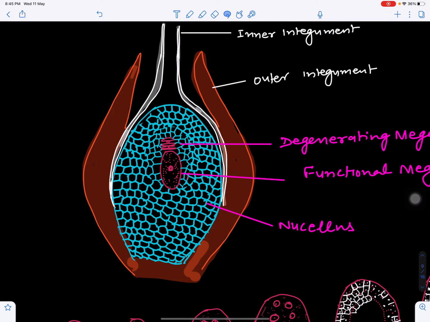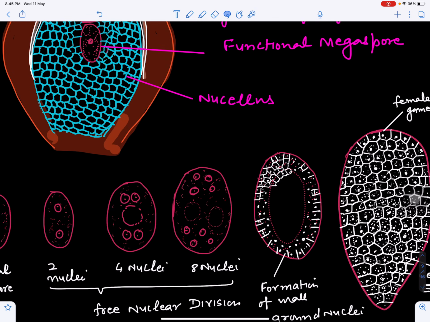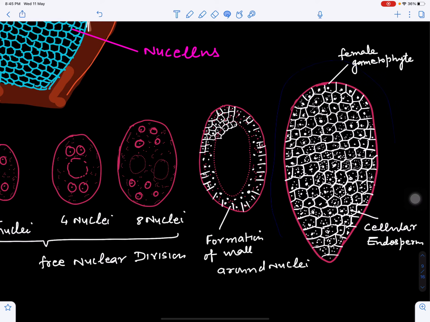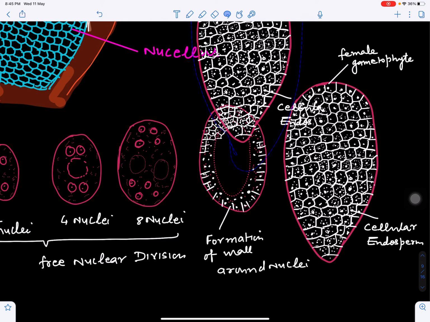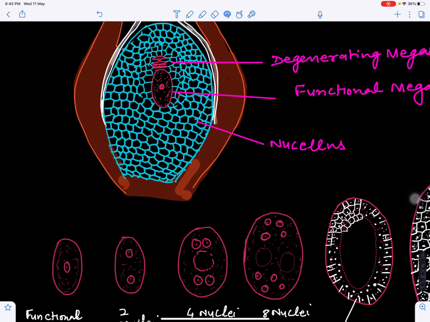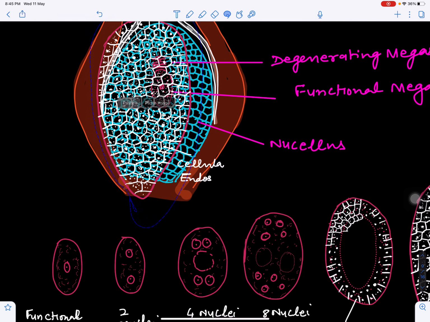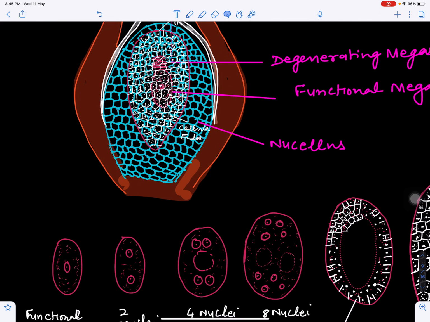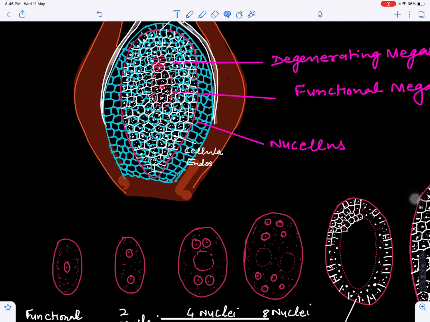So if I try to make it here, just wait. Right. So we can paste over here. I can show you that here you can see this will fill the nucellus part.